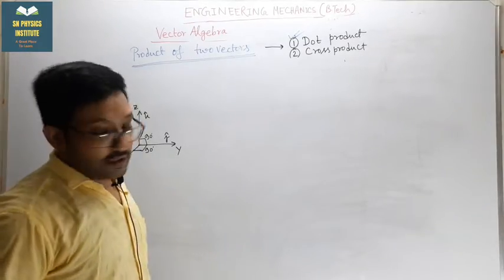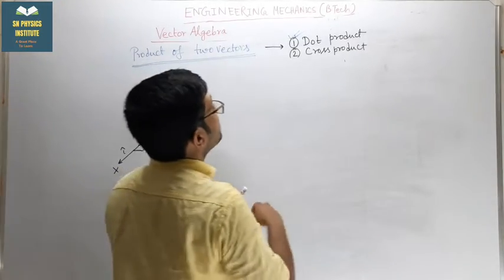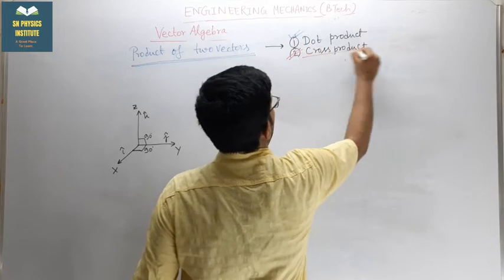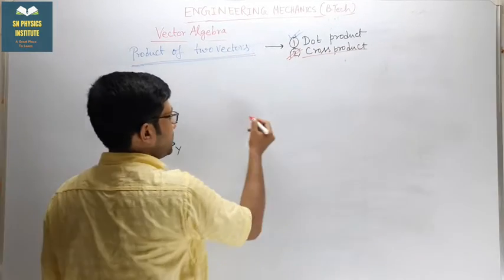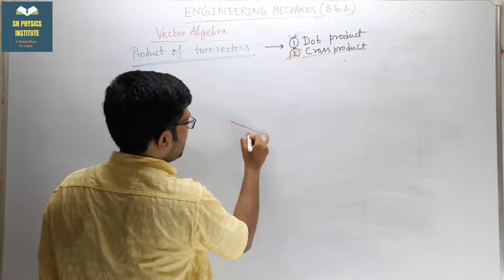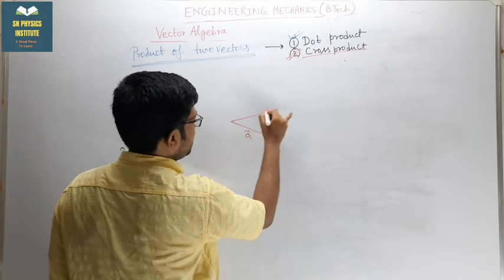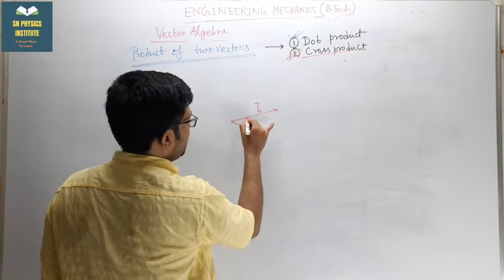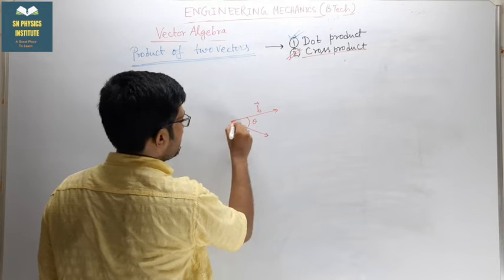In the case of cross product, what I am drawing is this: this is vector A, this is vector B, and they are making an angle theta.